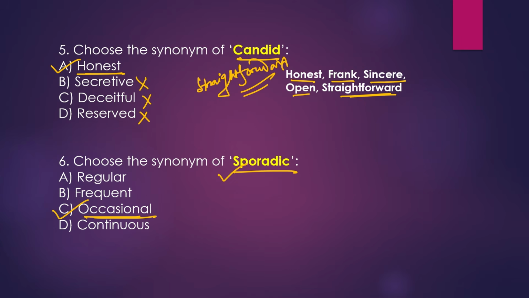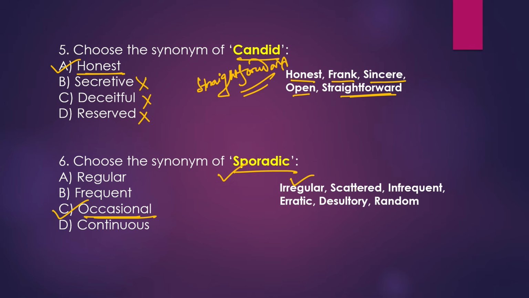Okay, so look at some extra synonyms. Extra synonyms like irregular, scattered, infrequent, erratic, desultory and random. So these all are the synonyms of the word sporadic. So option A, regular, option B, frequent, option C, continuous. These all are the antonyms of the word sporadic. That's why we have to eliminate these options.